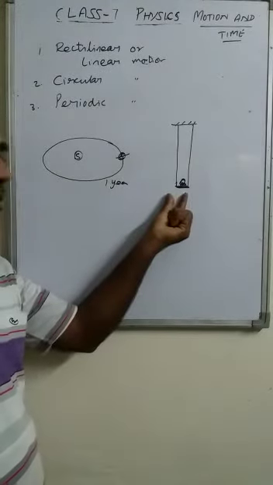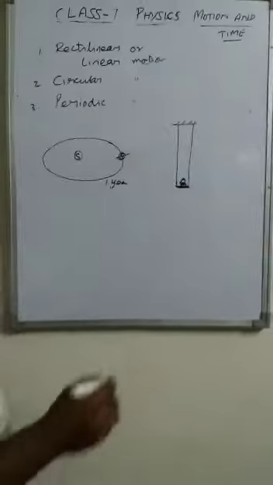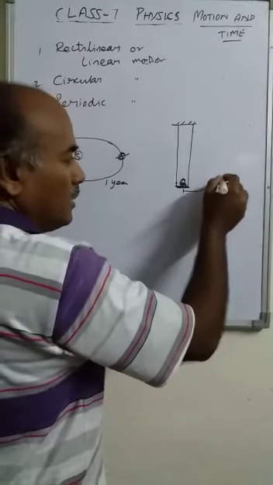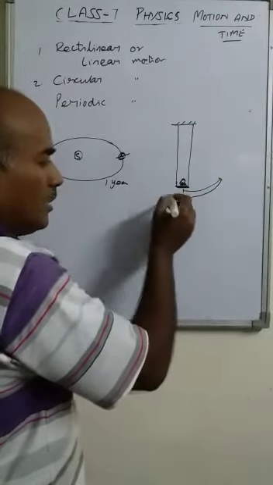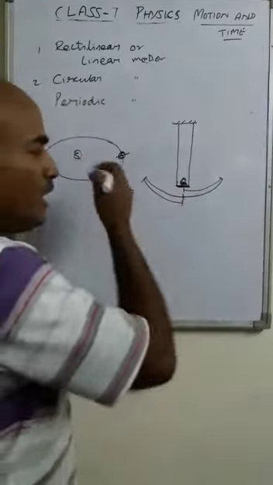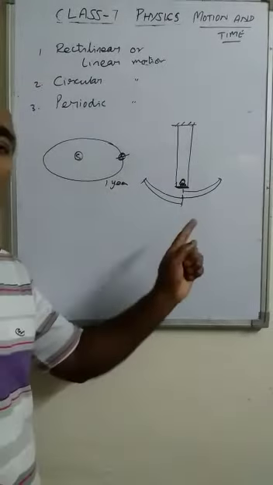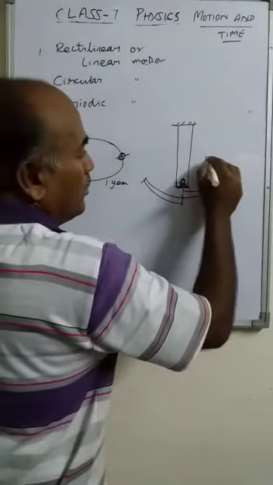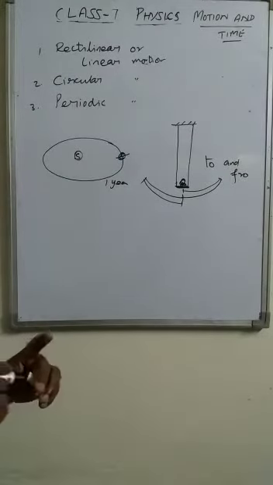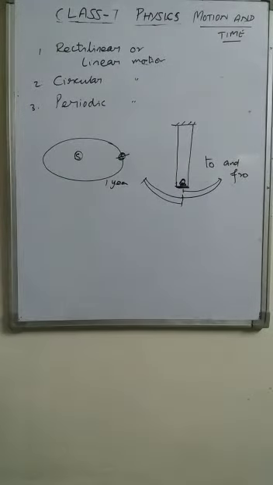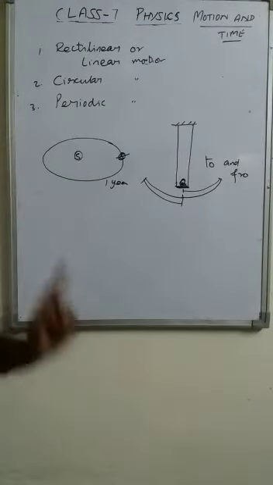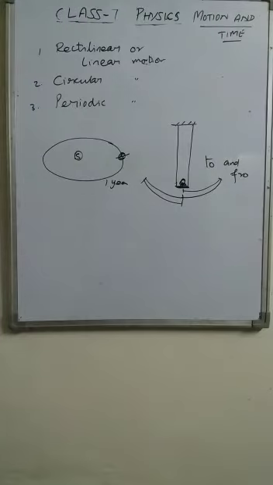If we push this child from one side, the child moves from this point to this side, then comes back to the same point, then goes to the other side, then comes back to the same point. In this way, the child moves to and fro. This motion is also taking place at a regular interval of time, so it is also an example of periodic motion.